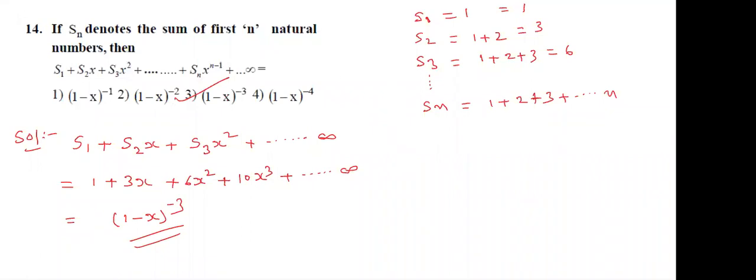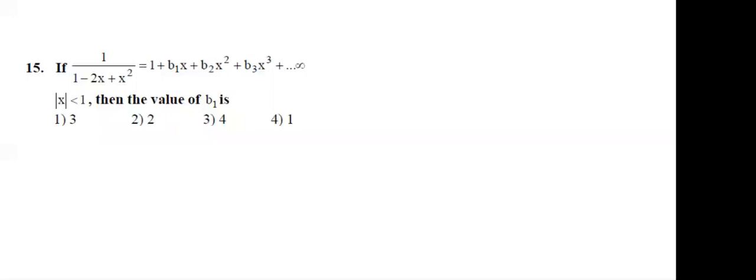I'm going to the next problem, students. 15th question in level 2. 1 by 1 minus 2x plus x square is equal to 1 plus b1x plus b2x square plus b3x cube and so on, infinite. Then the value of b1 is... This is a very easy question. 1 by 1 minus 2x plus x square.